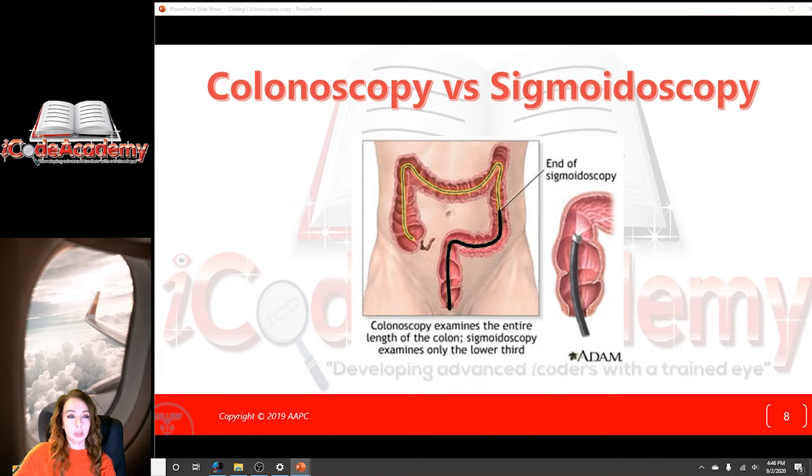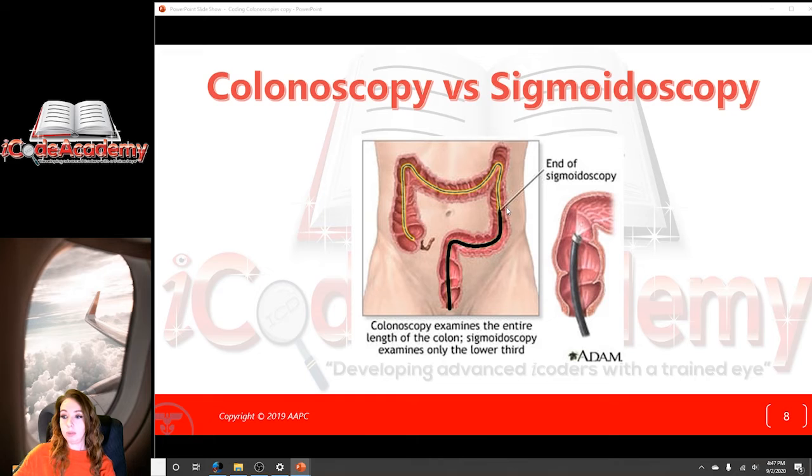So let's talk about the difference between a colonoscopy and a sigmoidoscopy. Here you can see from your image that if the scope advances through the entire length of the colon, which we enter here through the rectum where we have in green, and if it goes up through the entire length of the colon, this is where we're going to stop for a sigmoidoscopy.